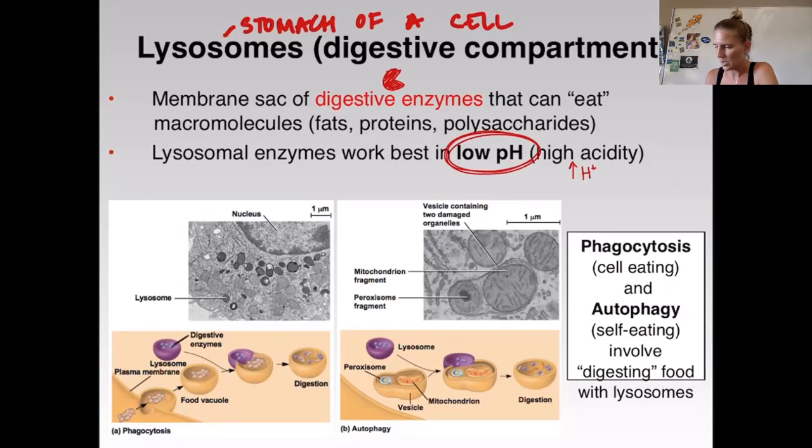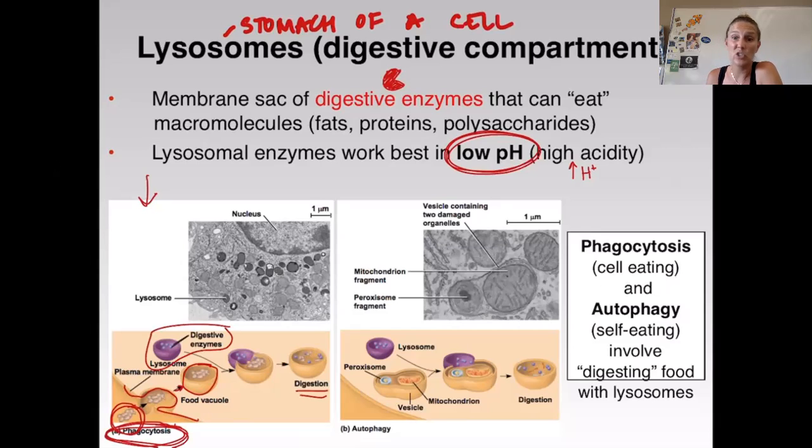Lysosomes do the same. So if we look down at this picture, this is a process called phagocytosis. My students all giggle when they hear that, but whatever. So phagocytosis is where a cell will take up food. Like a way of eating, the membrane bends in and then it'll form what's called a food vacuole. The lysosome, the stomach then, will bind to that food vacuole and you will get those enzymes working to break down that food, right?